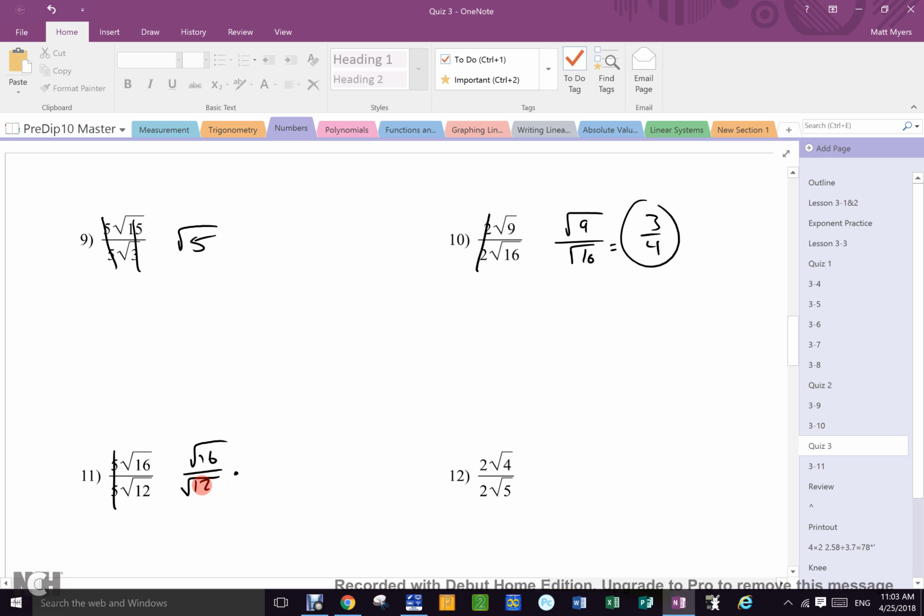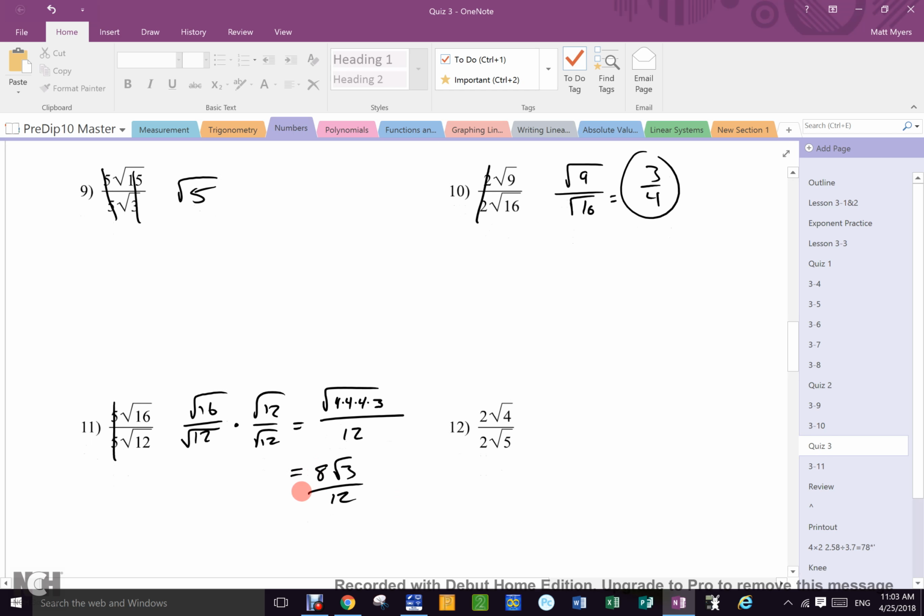I would rationalize right now to get root 4 times 4 times 4 times 3 over 12. Out comes a 3 2's, which is 8 root 3 over 12. Then I simplify to 2 root 3 over 3.